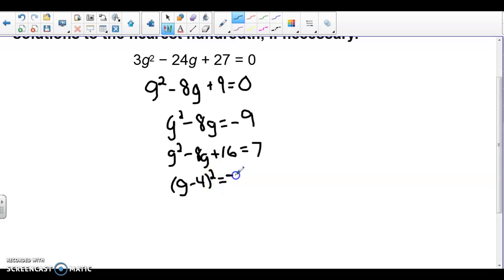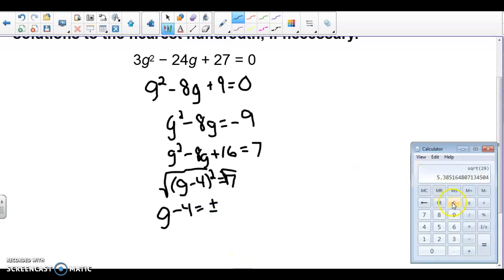And that'll equal 7. So our next step would be to take the square root of both sides, giving us g minus 4 equals the positive and negative square root of 7, and just find out the square root of 7 to the nearest hundredth, 2.65.